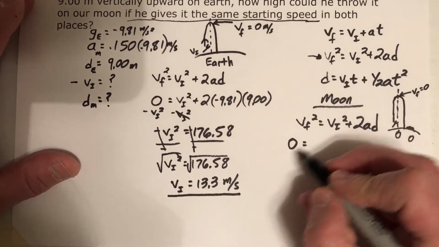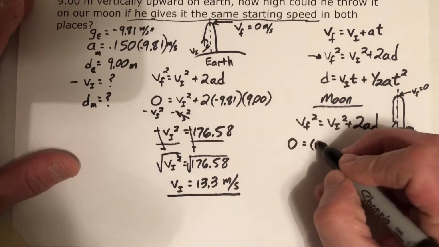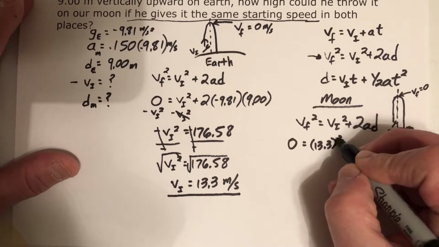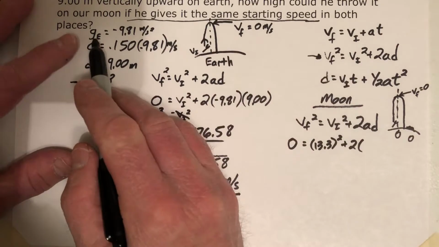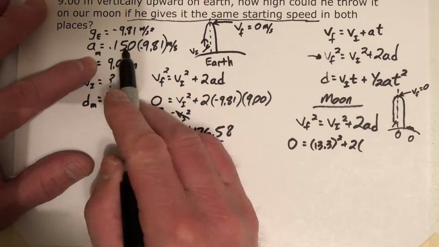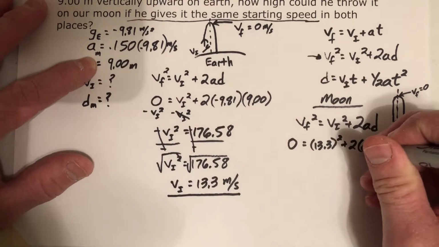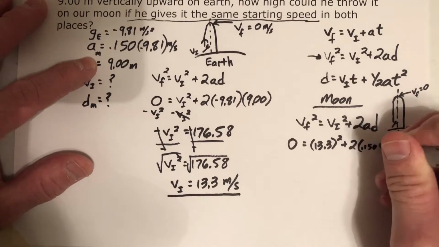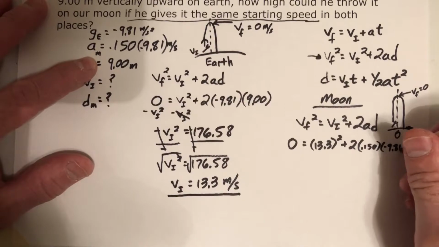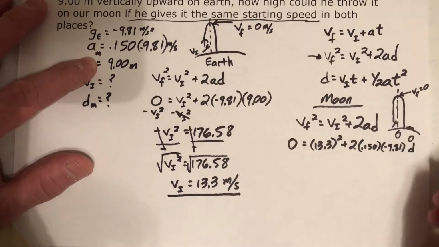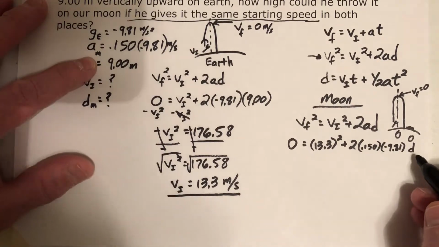The initial velocity will be that 13.3 plus 2 times acceleration. It's not acceleration on the Earth, it's acceleration on the moon, which is 0.150 times that negative 9.81, times my displacement, which is what I'm trying to find.